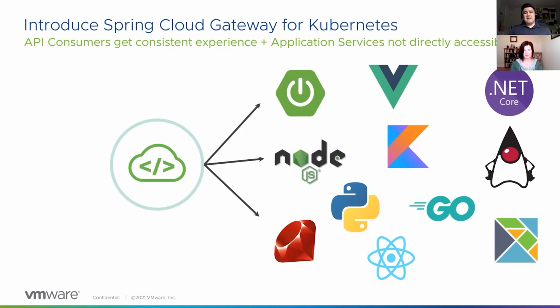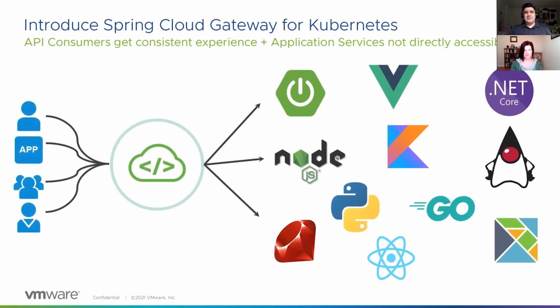And then on top of that, we want to make the user experience from the consumer point of view of APIs consistent across all of your user base. And we've already had this product in Spring Cloud Gateway for VMware Tanzu on Tanzu Application Service for many of our customers who are based on Cloud Foundry. And now we're bringing this to any Kubernetes.